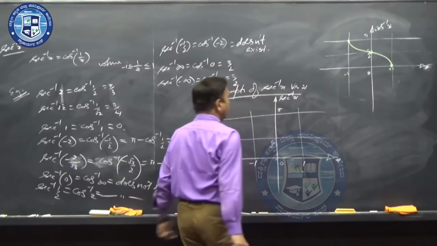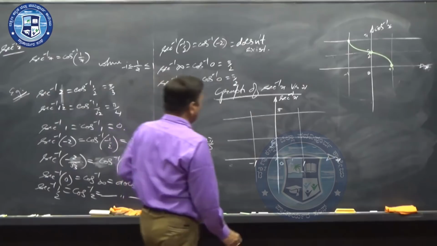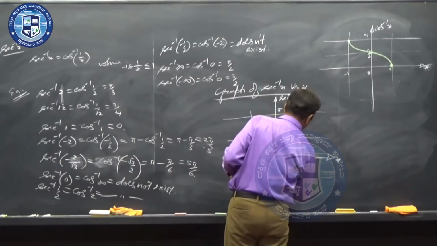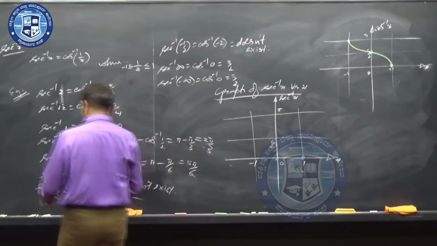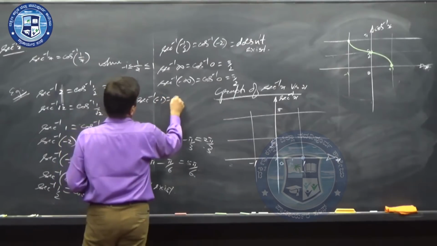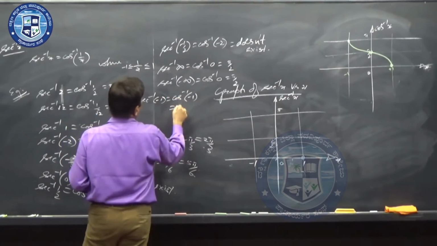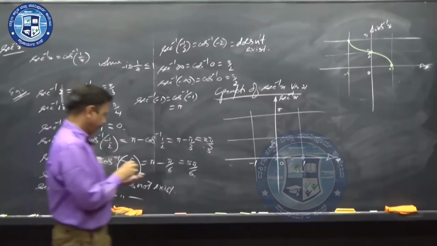The first value which is defined in secant inverse is secant inverse 1. Secant inverse 1 is cos inverse 1, which is 0. Next, secant inverse minus 1 is cos inverse minus 1, which is pi.